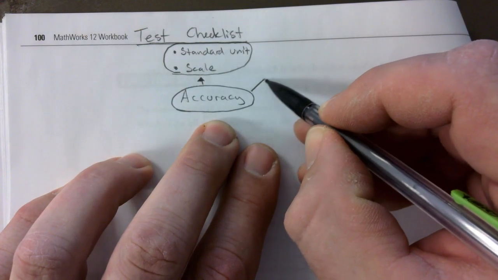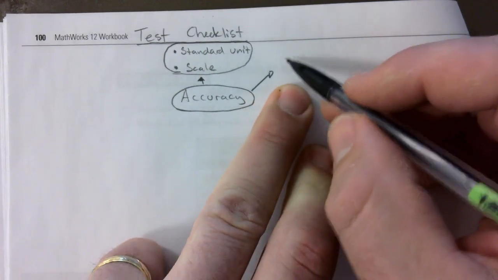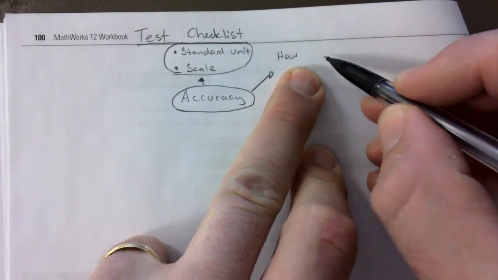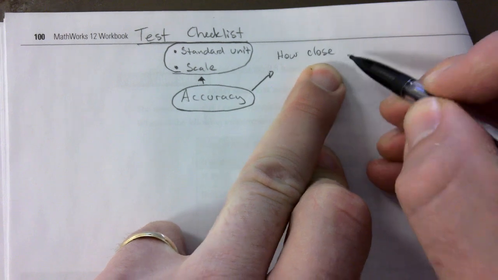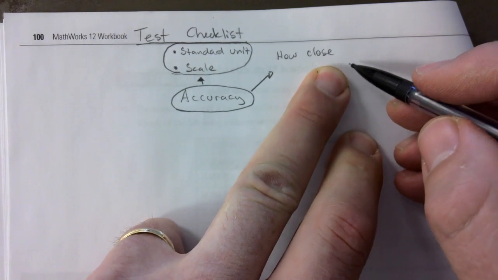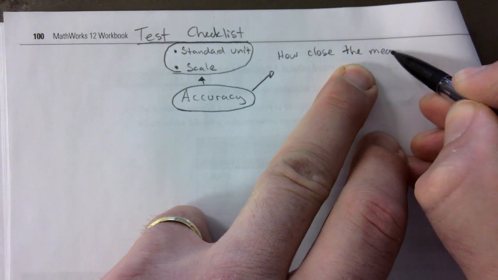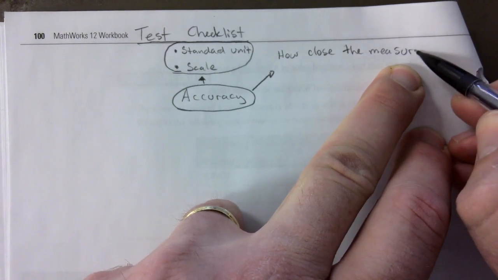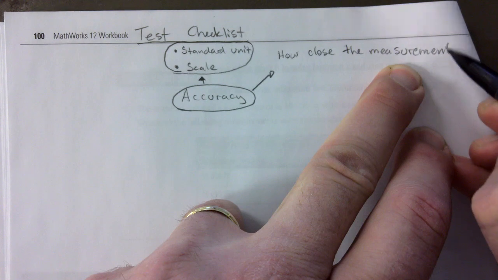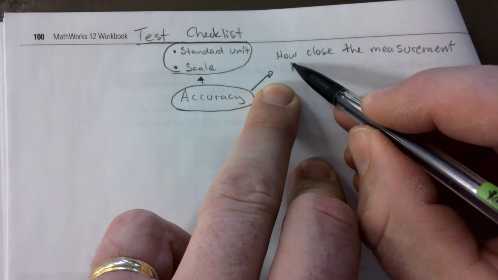Another way of looking at it in terms of definition, it's how close the measurement is to the target.